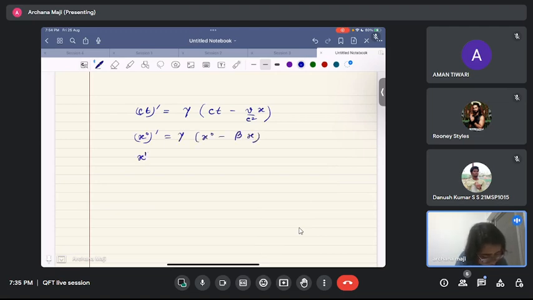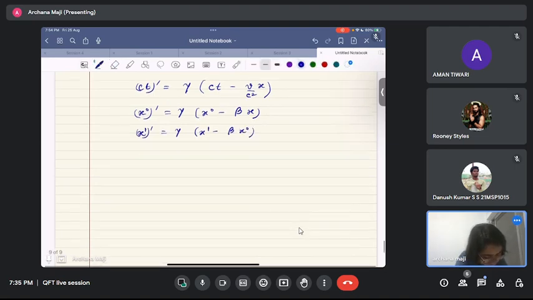And x1 prime becomes gamma times (x1 minus beta x0). x2 prime will be just x2, x3 prime will be x3.